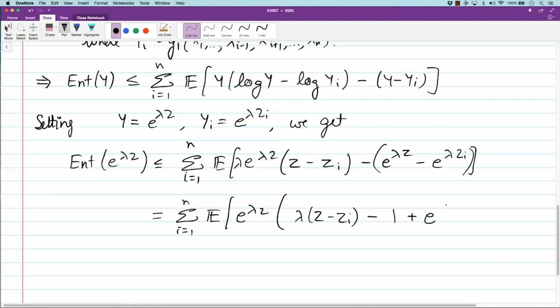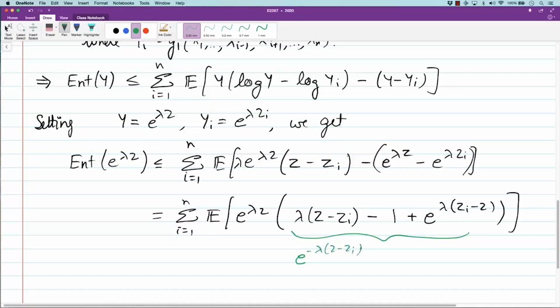plus e to the power lambda zi minus z. Okay, and so if you look at this function here, this is e to the power minus lambda z minus zi minus lambda z minus zi minus 1, which is just phi of minus lambda z minus zi.